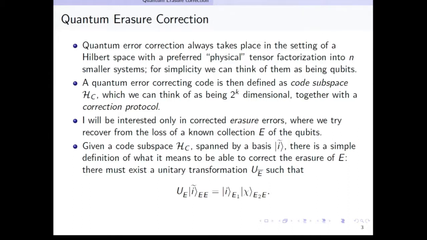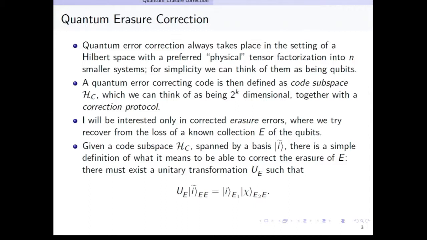I want that unitary transformation to have the property that if I act on any one of these basis states for the code subspace, so ĒE here just means that this is a state in the Hilbert space of all of the physical qubits, then I just get back |i⟩, the logical qubits in this basis on the first k qubits of Ē, and then I get back just some state of the rest of Ē and E, which is independent of i.